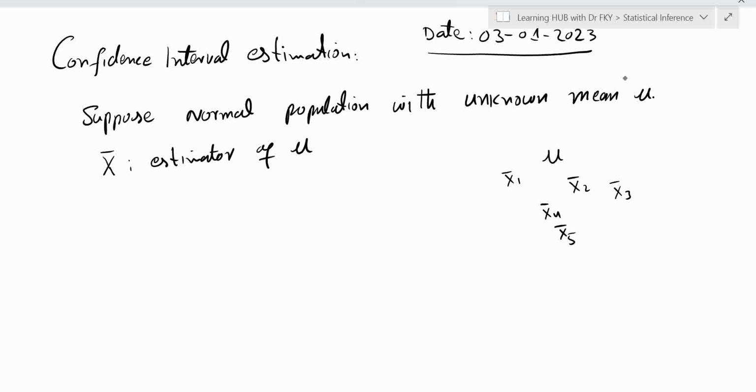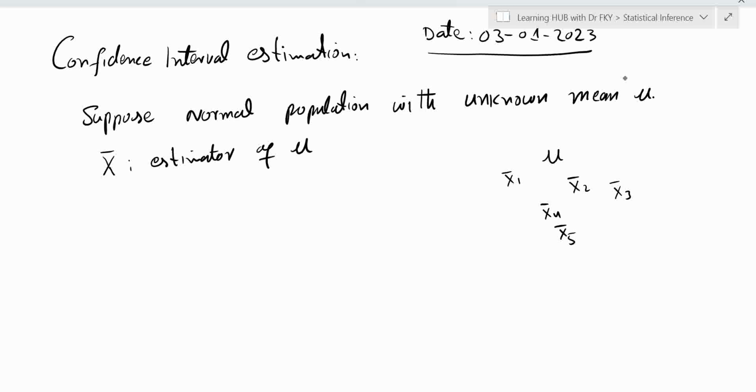So these are the point estimates for mu from different samples, and you can see that this value is closer and this value, the x bar 5, is really closer. The other values have some deviation from the true parameter mu.